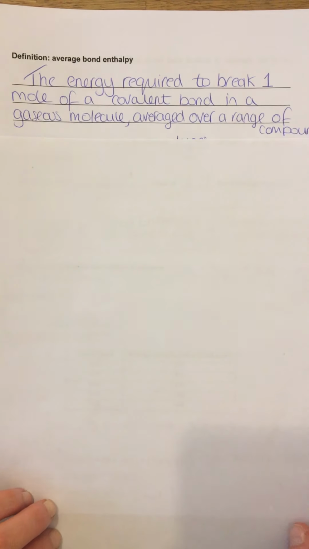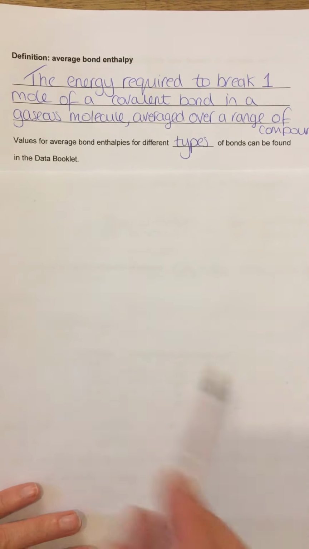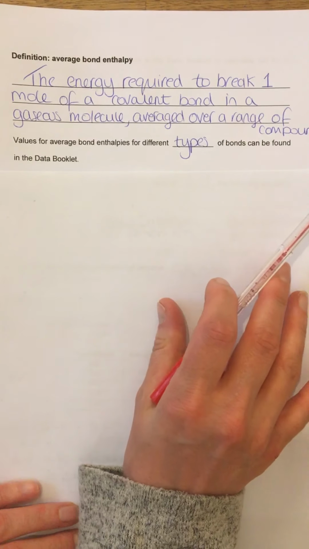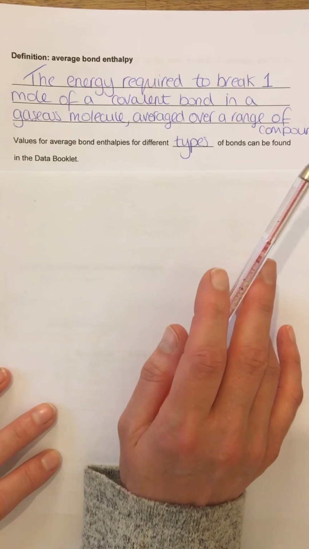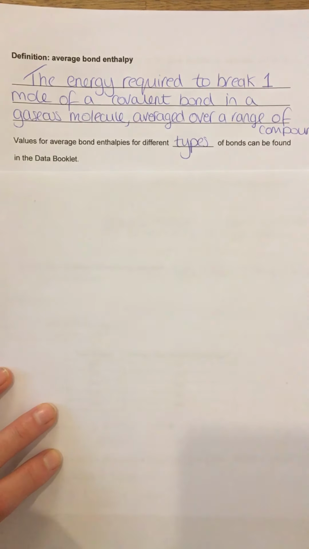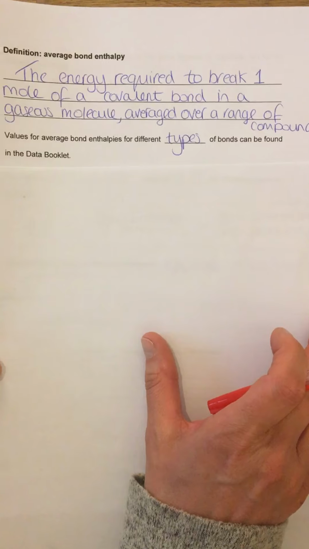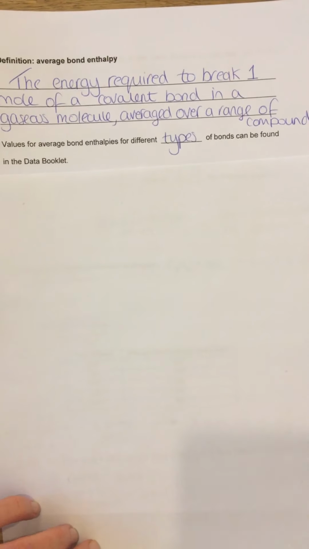It's just an average. And as I said, those values for those different types of bonds can be found in the data book. How to use them to do these sorts of calculations and work out an enthalpy change for a reaction is fairly straightforward. And again, we've got an important formula for you to remember.